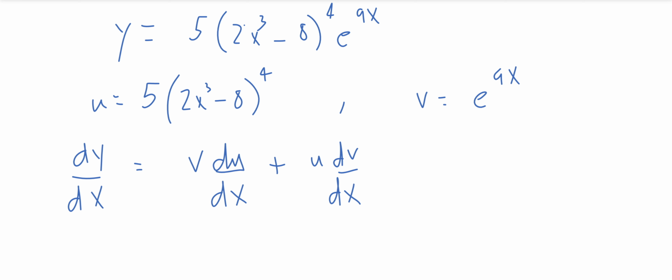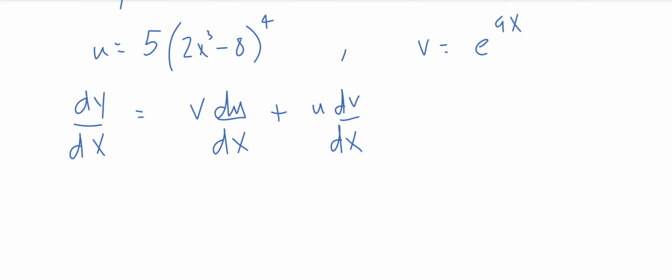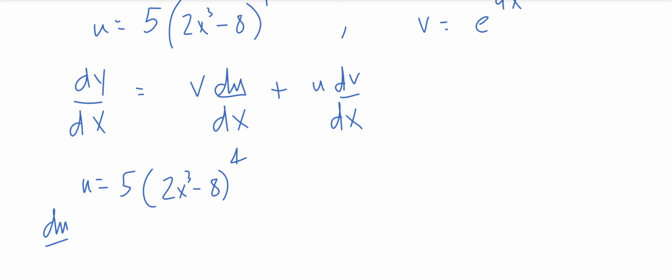So here I've said that u is 5 multiplied by (2x cubed minus 8) to the 4. Differentiating that, I'll write it again underneath. So u equals 5 (2x cubed minus 8) to the 4. This is where we use the short form chain rule differentiation.